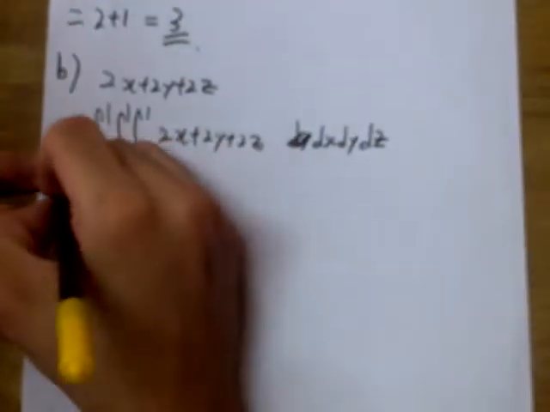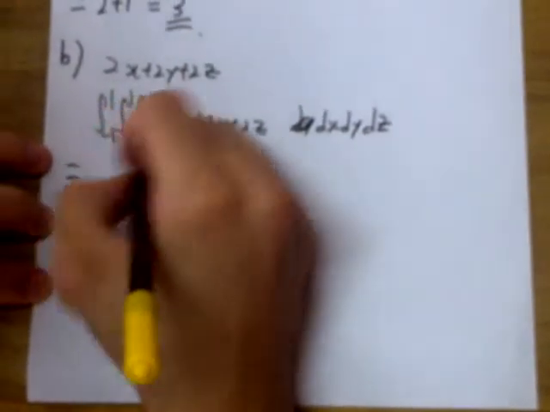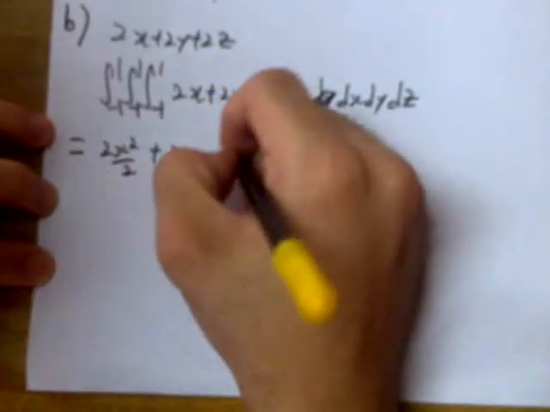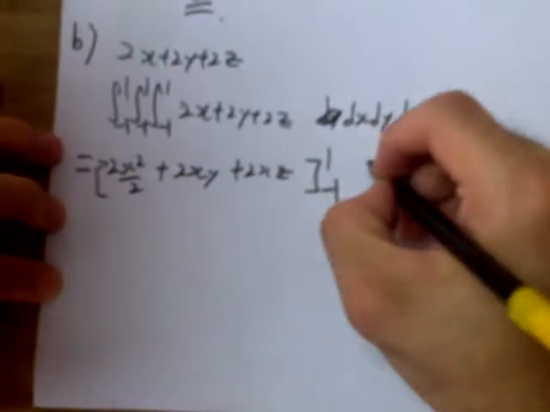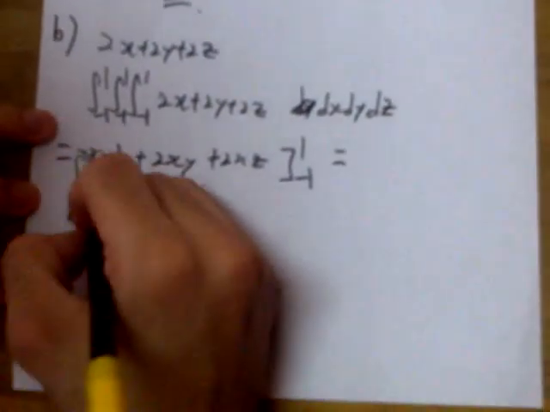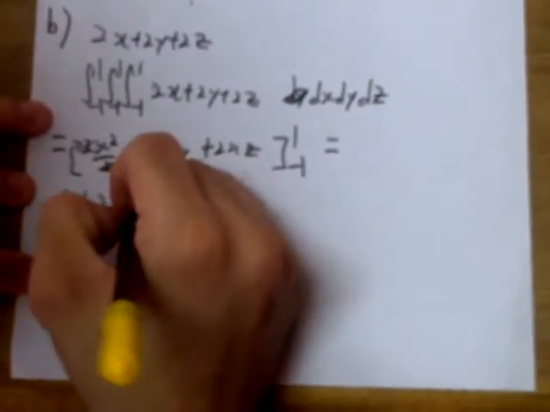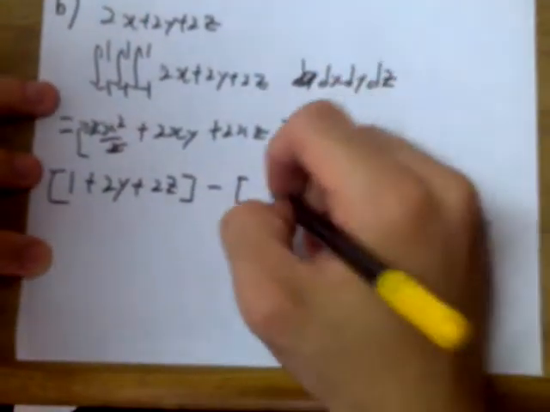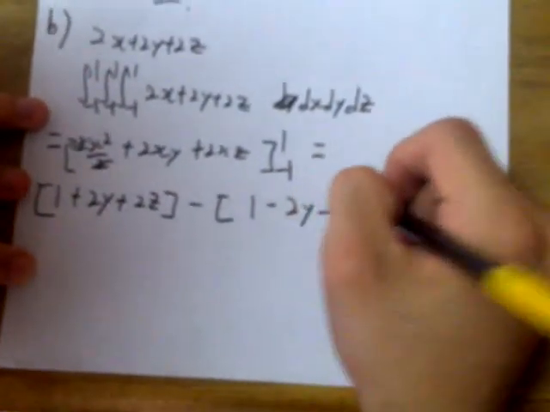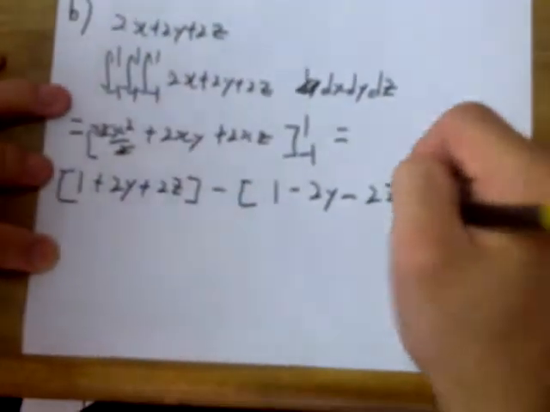So now we integrate the function. 2x squared over 2 plus 2xy plus 2xz between 1 and negative 1 gives, cancel, so 1 plus 2y plus 2z minus negative 1 minus 2y minus 2z.